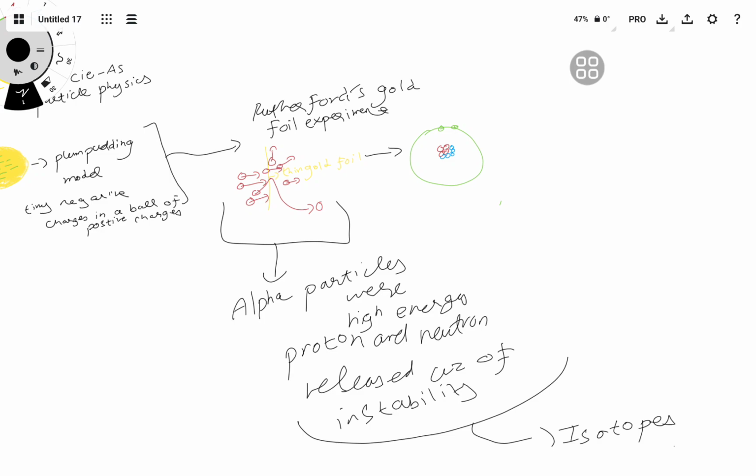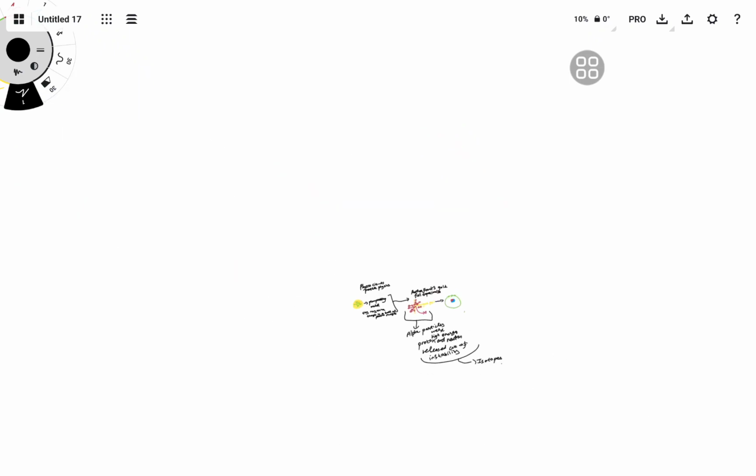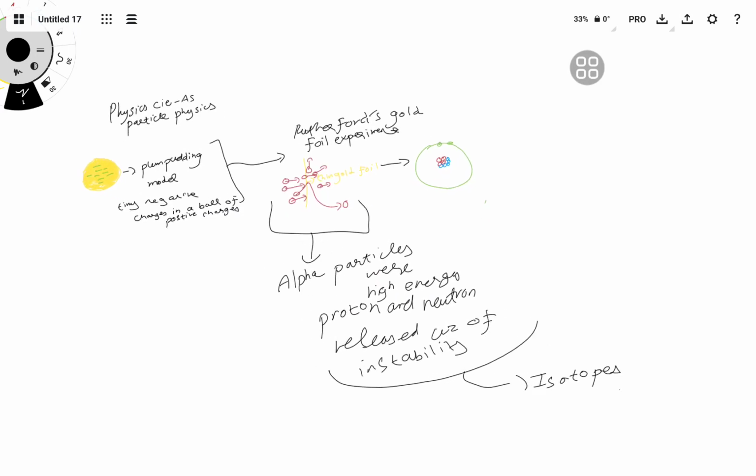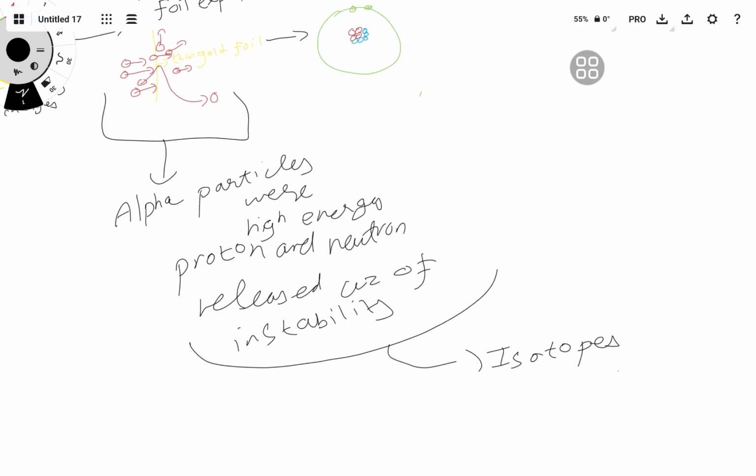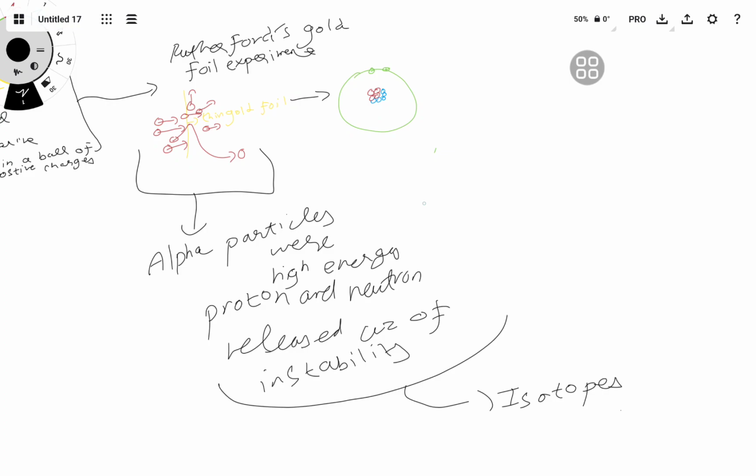Isotopes. So basically we have these isotopes. Let's just discuss it. Two protons, basically in alpha there are two protons released.